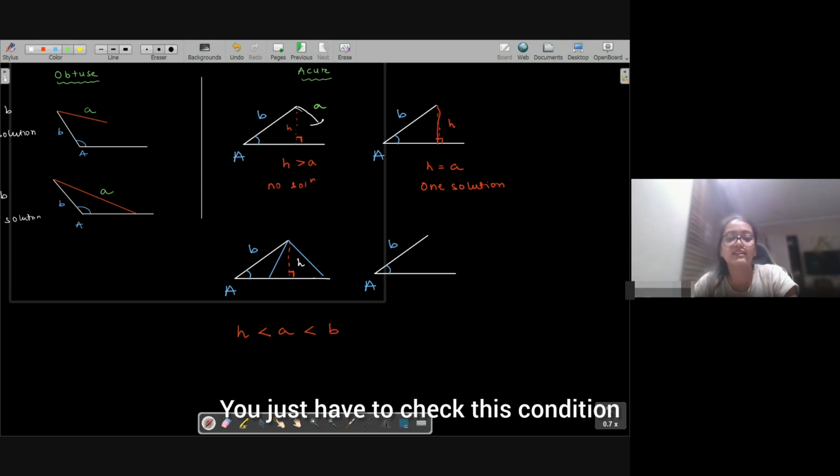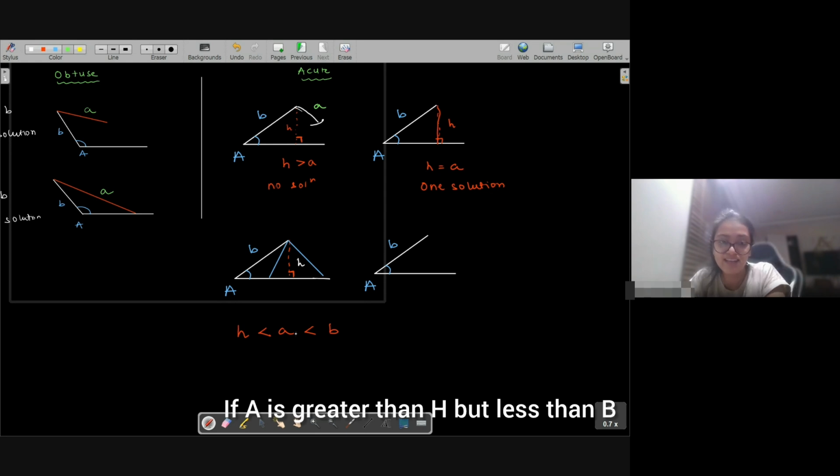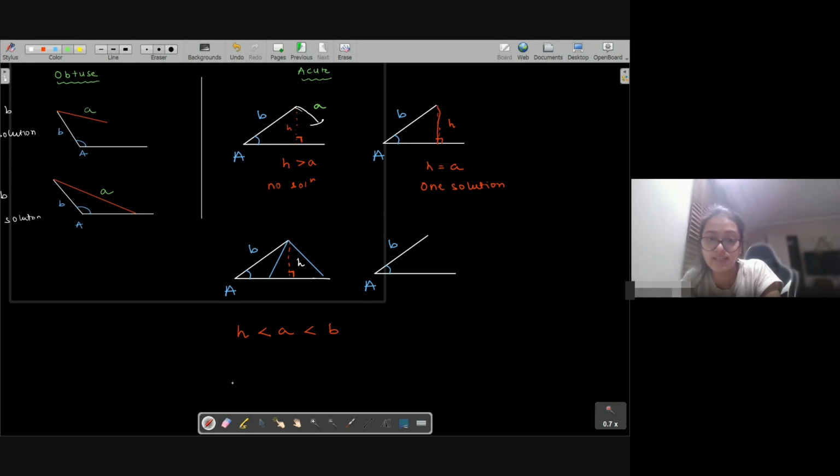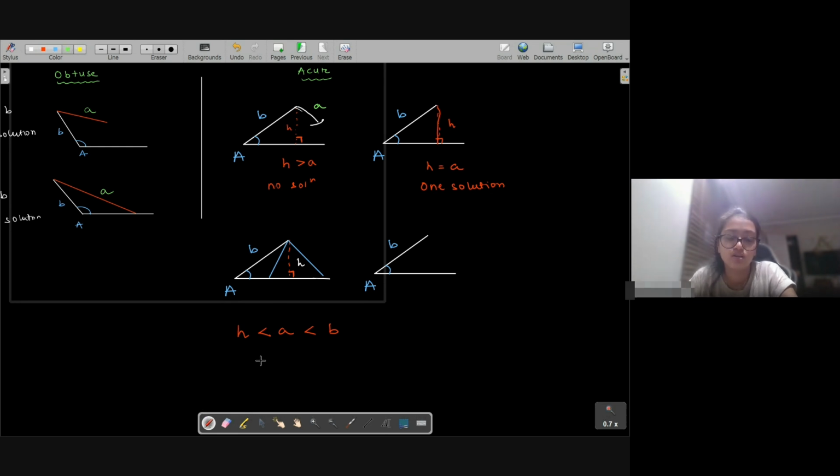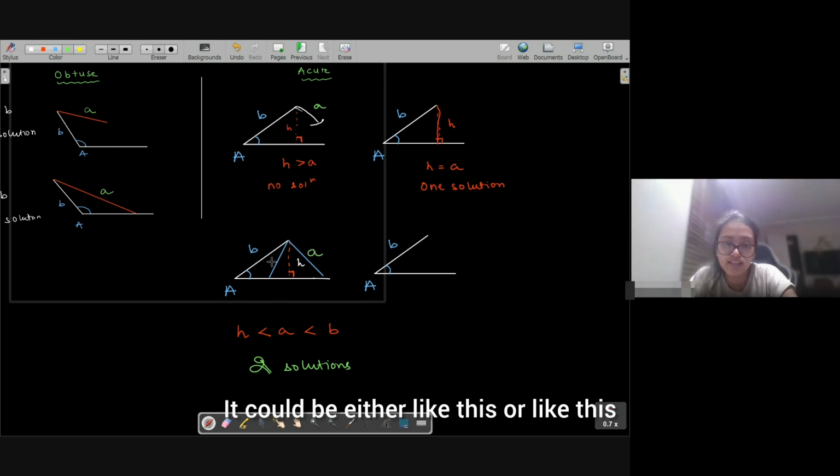You just have to check this condition. If A is greater than h but less than B, in this case, you will get two solutions. This is A, small a. It could be either like this or like this.